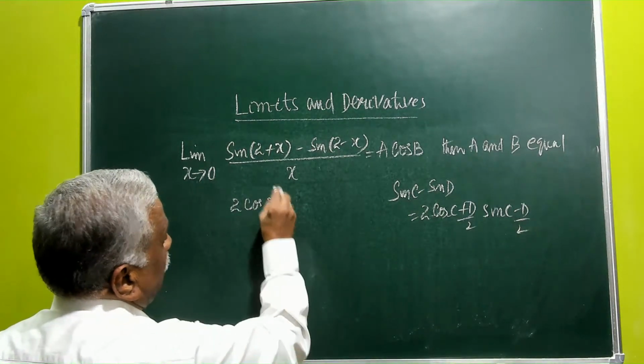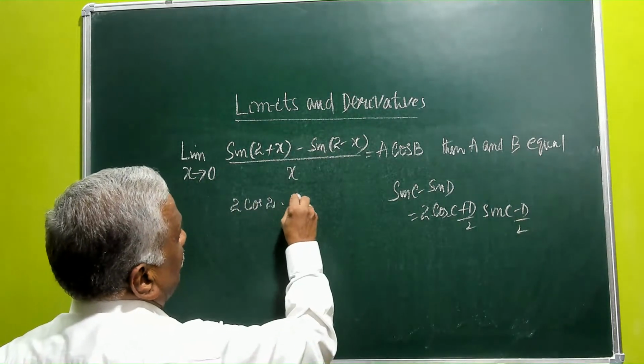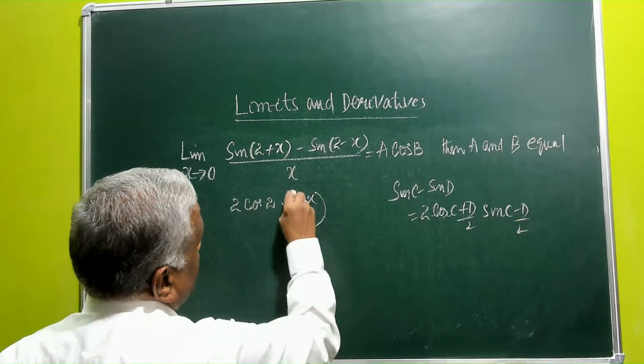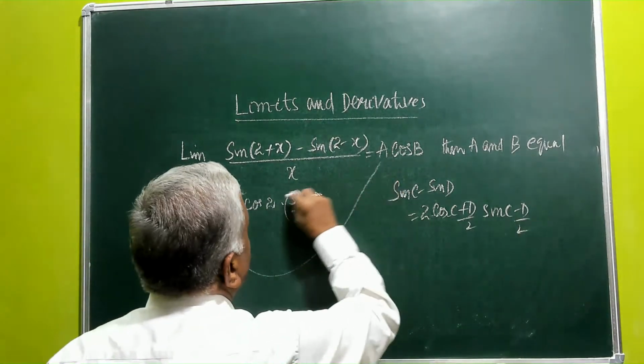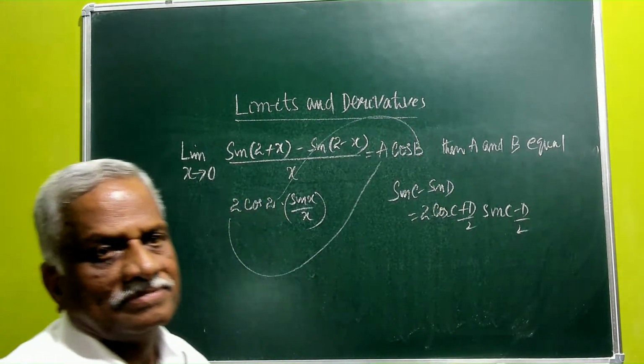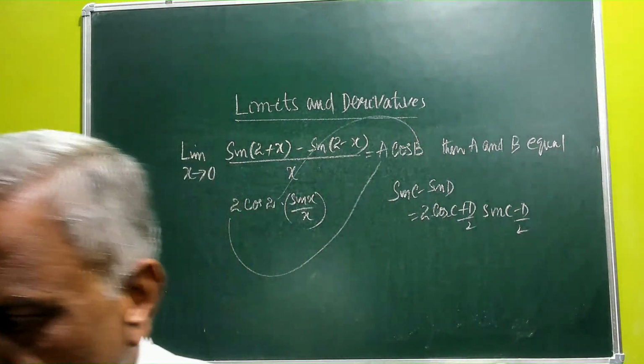You get cos 4 by 2, that is cos 2. c minus d, you will get sin x. Sin x by x is 1. Therefore, a is equal to 2 and b is equal to 2 is the answer. These problems will not take more time, provided you remember the method.